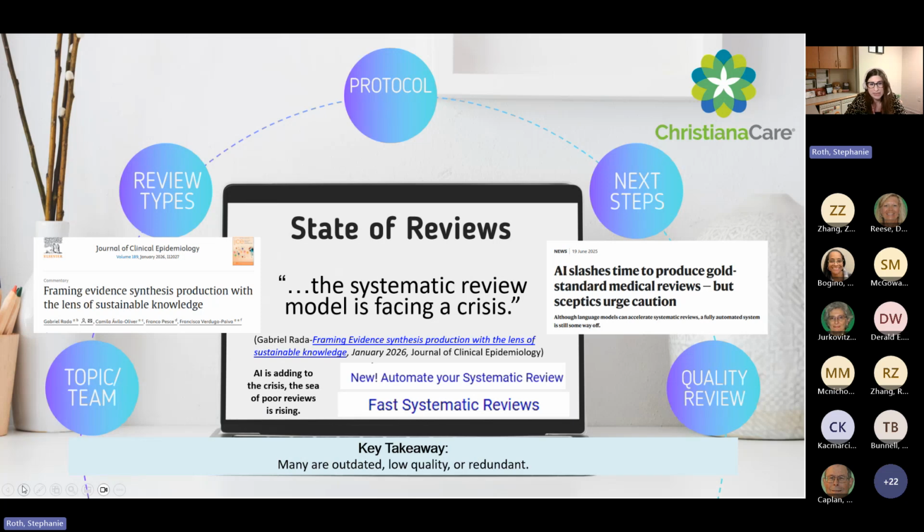So I feel like the fact that I'm still here talking about systematic reviews 18 years later shows that maybe there's still more opportunities in this area in the future, or I probably wouldn't have been doing them anymore. So I have a lot of hope for the future, even in this sea of poor reviews rising to the top.